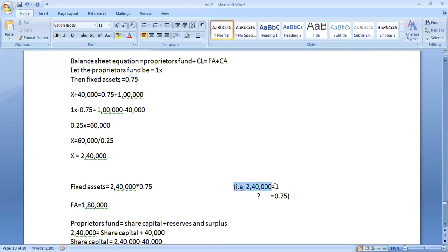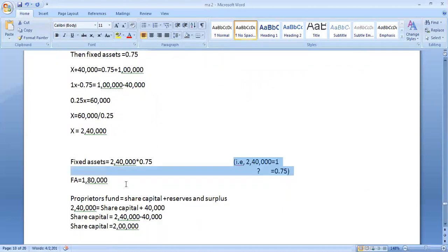So there is a hint here. See it carefully. 2,40,000 takes the proprietary fund ratio as 1. You need the value for the ratio of 0.75. So what will be the value for the fixed assets? Cross multiply these two. You get the fixed assets as 1,80,000. Clear?